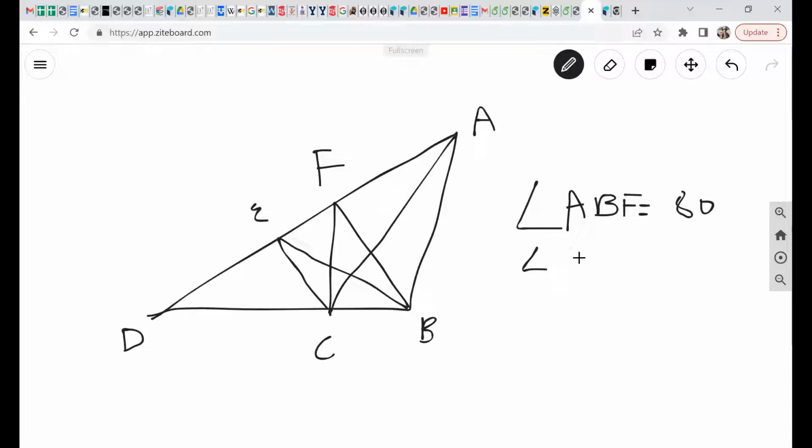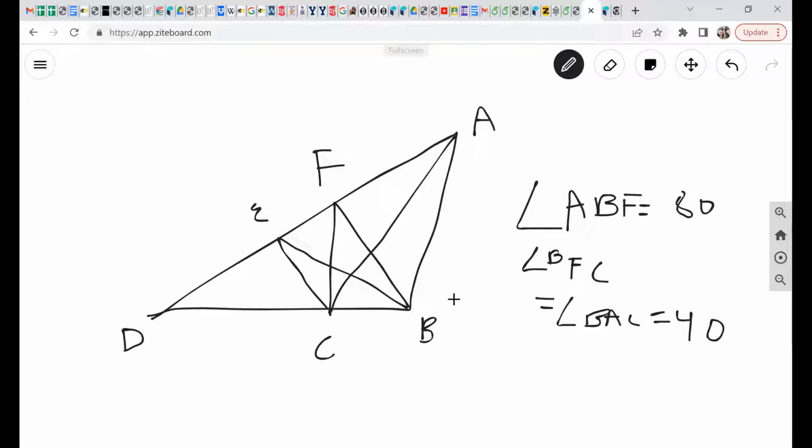We know that angle BFC equals angle BAC, which equals 40 degrees.